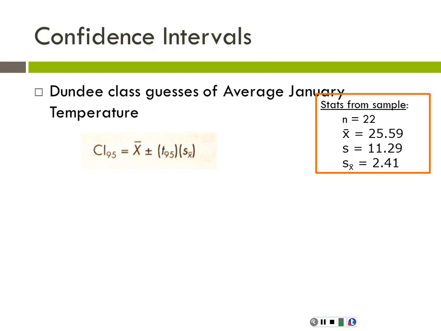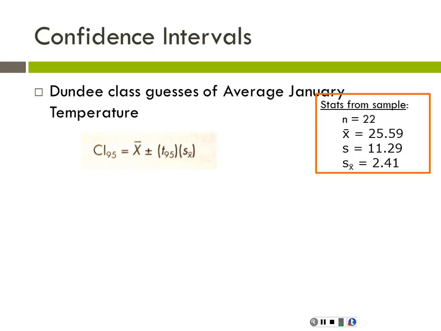We have a standard deviation of 11.29, so most of the scores range between 14 and 36. And we have this standard error. If I plug these numbers into the formula to calculate a 95% confidence interval, it will give me a range of scores that tells me I can be 95% sure that the population's guess of average January Omaha temperatures falls within this interval that's represented by the statistics from my sample.